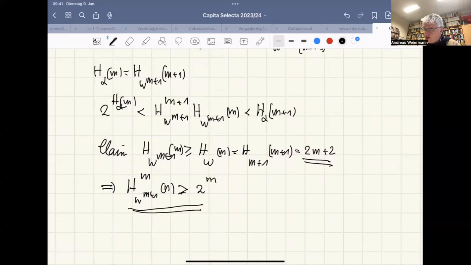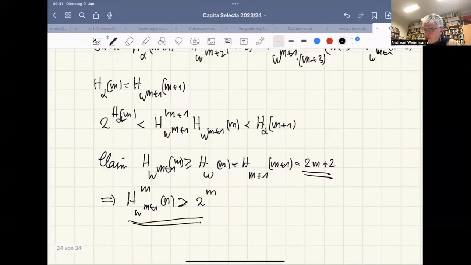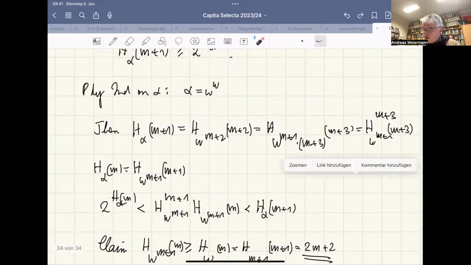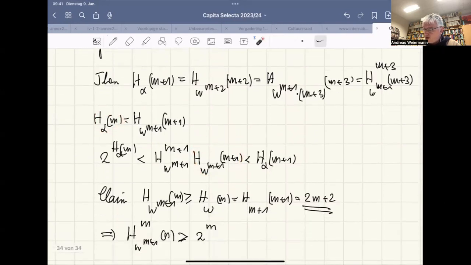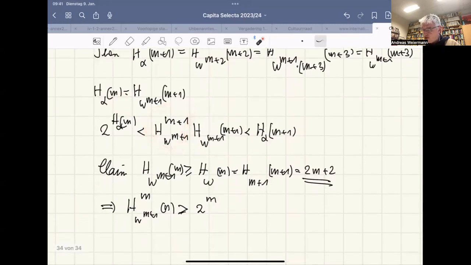And from this estimate, we can use here an exponential function of this number. This is bounded by this number. Note that here we use m plus 1. And so we see that this number here is the number we want to bound. This number is at least the exponential function, so that's fine.